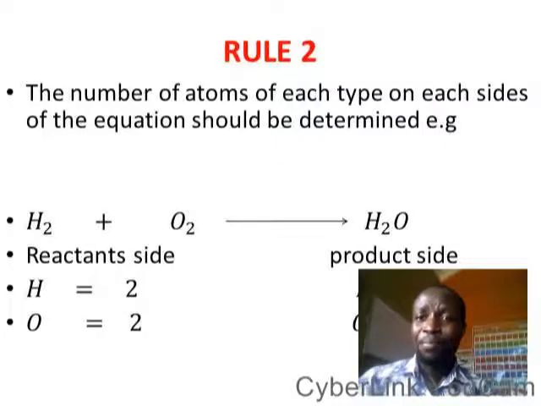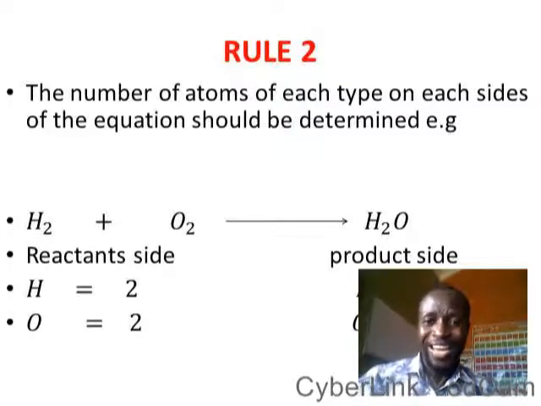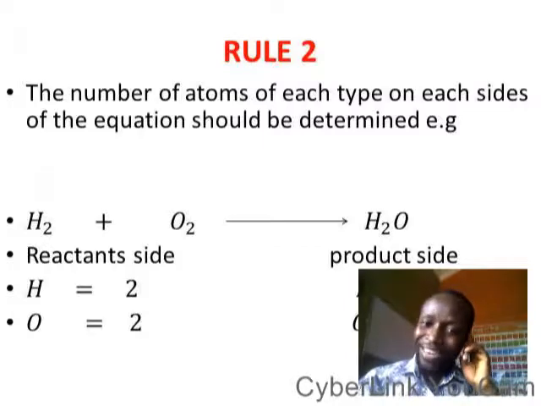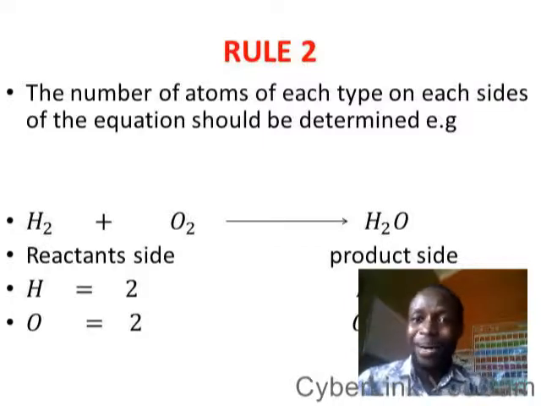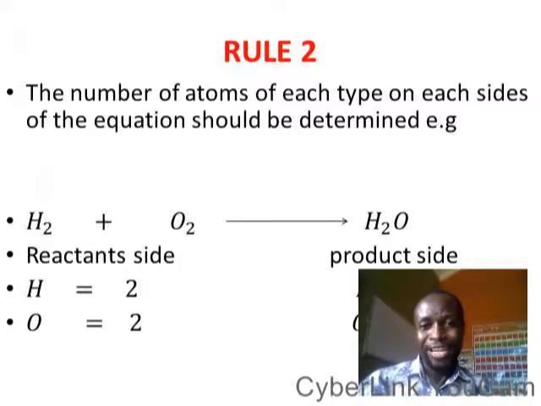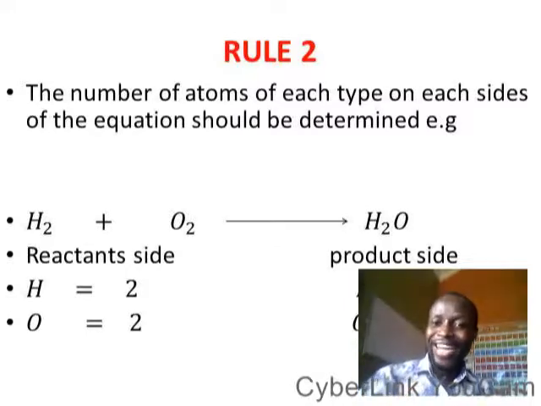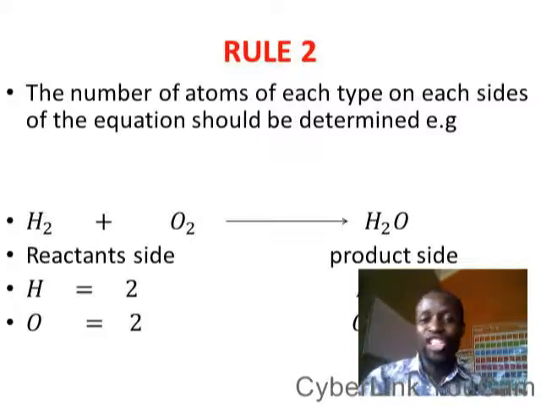The number of atoms of each type on each side of the equation should be determined. I repeat that again. The number of atoms of each type on each side of the equation should be determined.